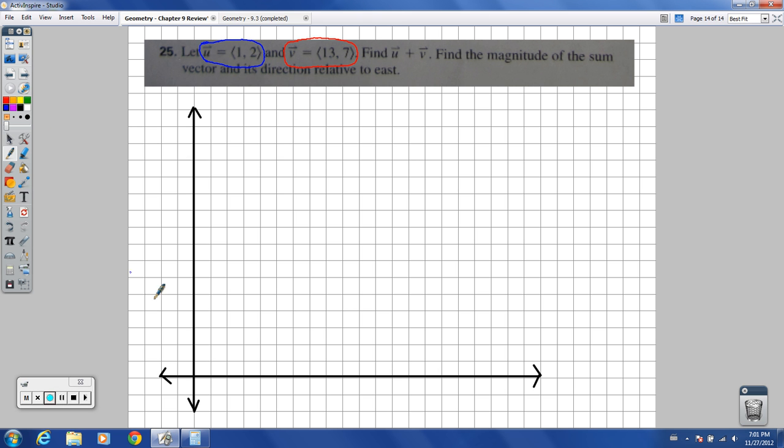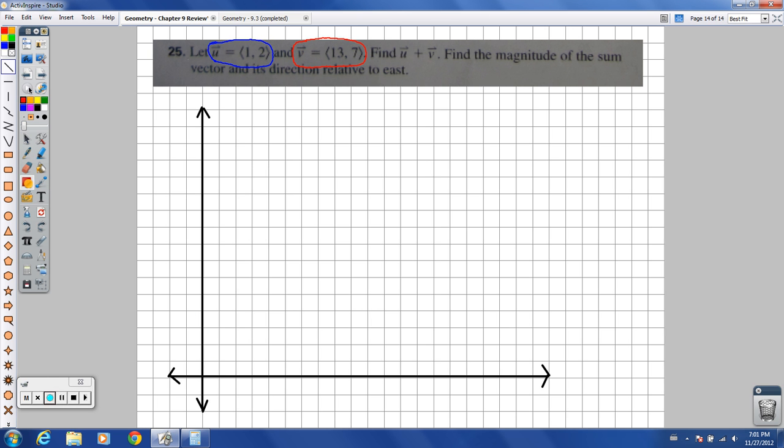We are starting at the origin, like we always should if we're doing a problem like this. And let's see if I got blue ready. There we go. So 1, 2 is the component form of the vector. So starting here, going to the right 1, and we're going up 2. So that's where we'll end up for vector u.